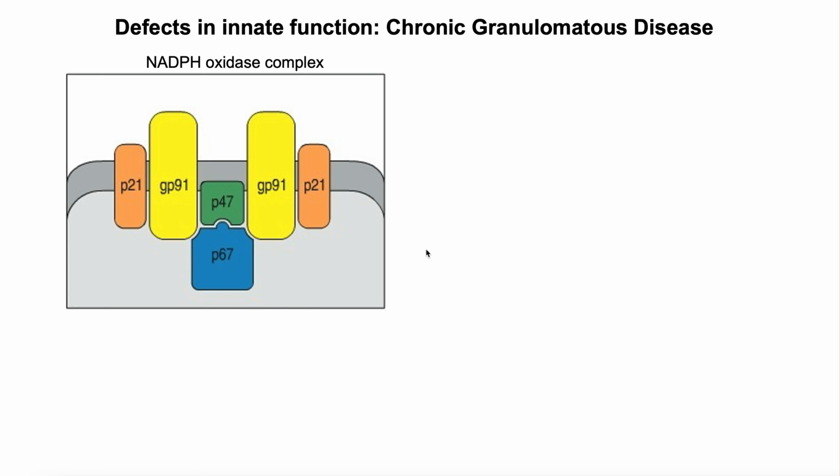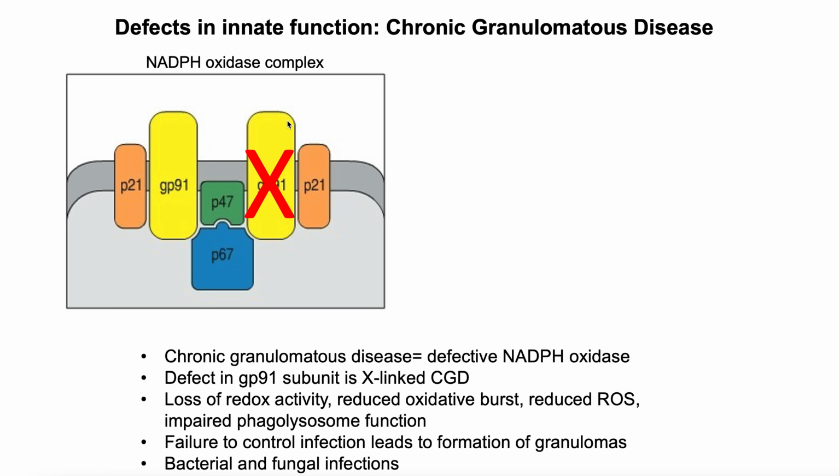Okay. There are other defects in the innate immune system, such as chronic granulomatous disease. Chronic granulomatous disease is a result of defects of the NADPH oxidase complex, and the X-linked version of this disease is specifically a defect here in GP91. This GP91 subunit is required for the redox activity of this NADPH oxidase, and so in the absence of it, you don't get redox activity.